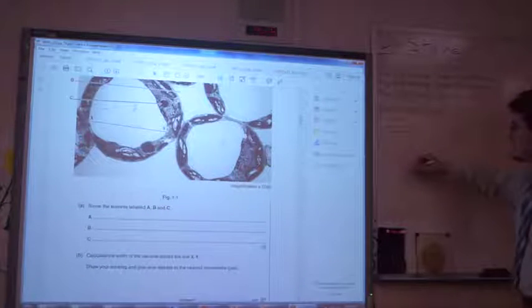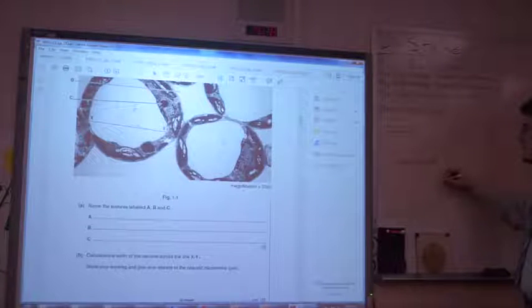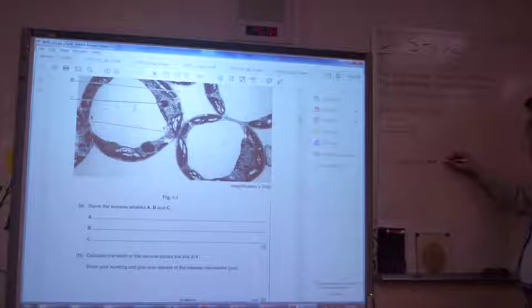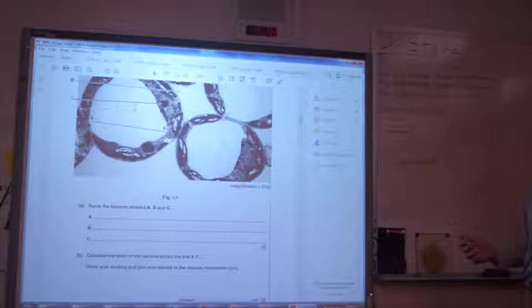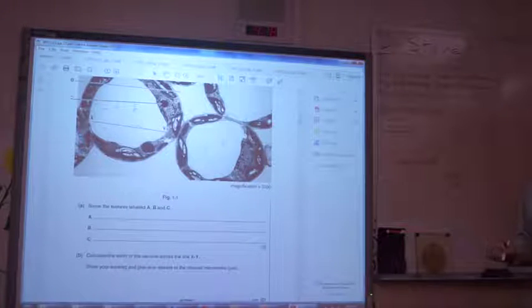It's always image size in millimeters, and the conversion factor is times 1,000 micrometers per 1 millimeter. I hope this is in the shop.